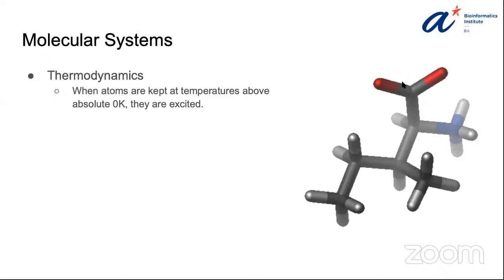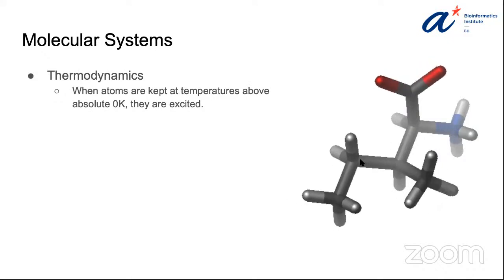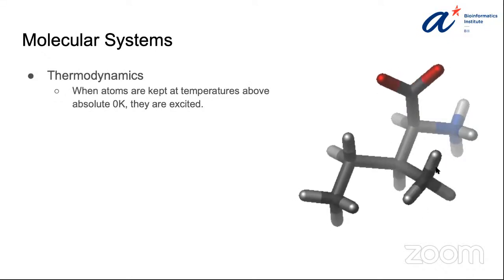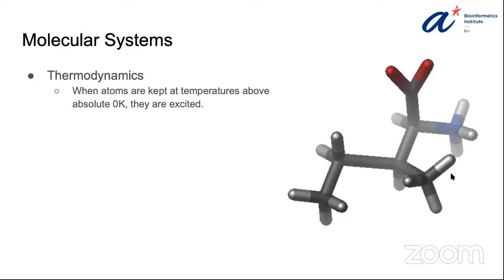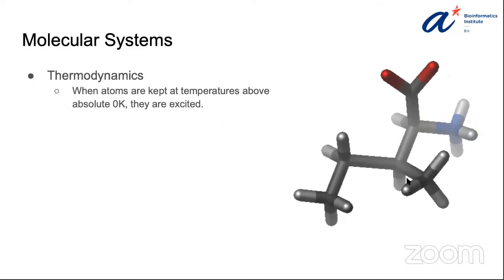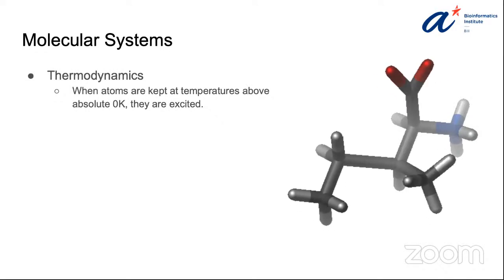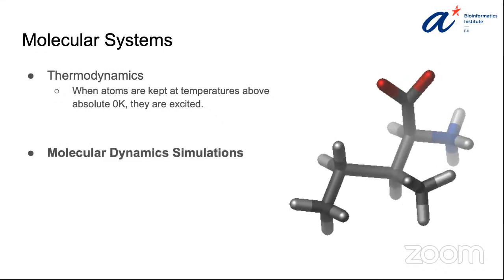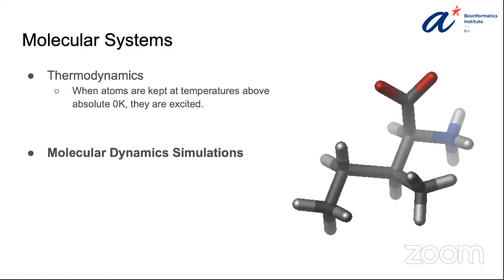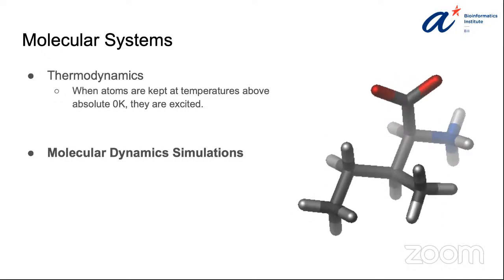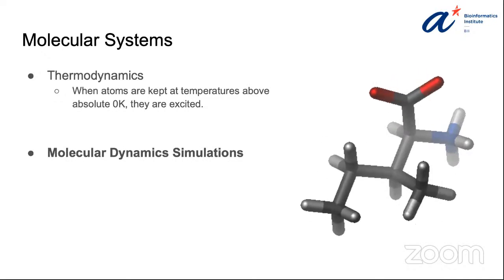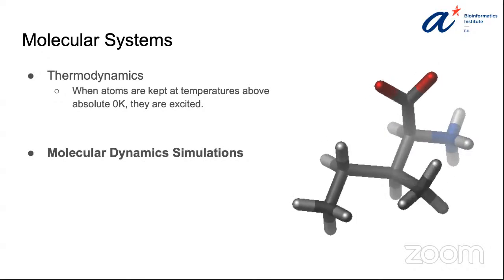So you can have angles changing between atoms, you can have bond distances changing, and you can have rotations about bonds. And by making these empirical assumptions, we try to replicate the behavior of proteins. One method to do that inside a computer is called molecular dynamics simulations. Again, we don't know if this is how they are moving, but we assume that this is it.